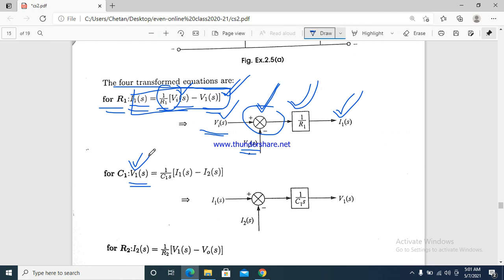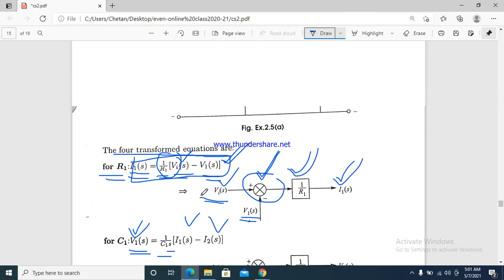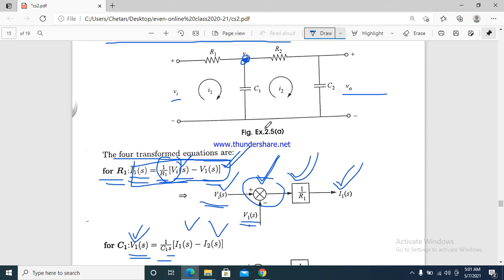For this, the Laplace transform is V1 of S equals 1 by C1 of S times I1 of S minus I2 of S. For the capacitor, look at the currents flowing. I1 is flowing from top to bottom, so it has the plus sign. I2 is flowing from bottom to top, in the opposite direction of I1, so it is represented by a minus sign.